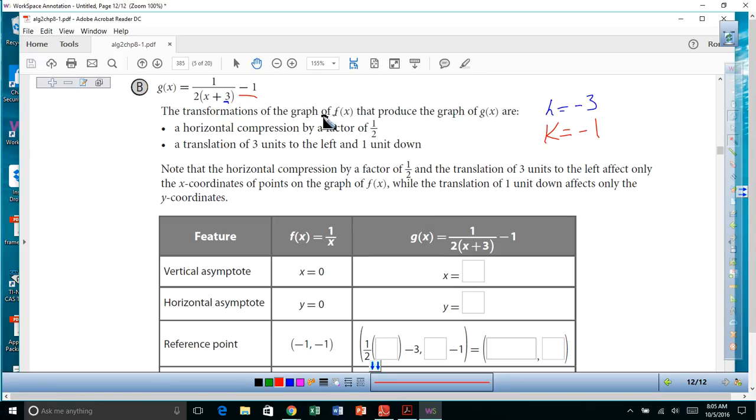The transformations of the graph of f of x that produce the graph of g of x are a horizontal compression by a factor of 1/2, a translation of 3 units to the left and 1 unit down. Now, hold on, this has a 2 there, but that has a 1/2.